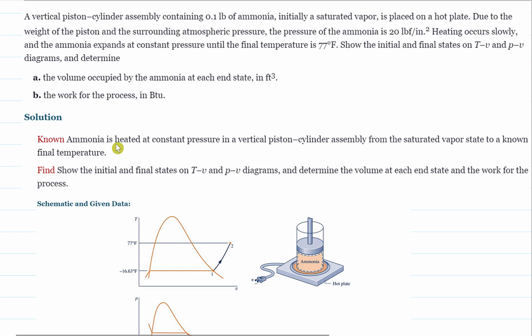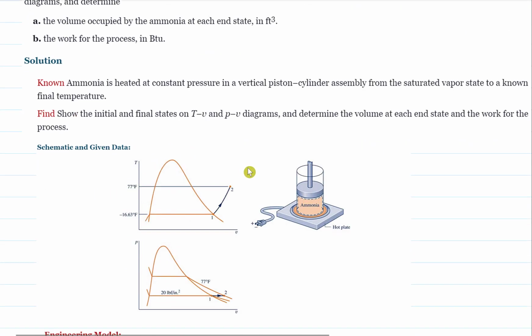So what is known? Ammonia is heated at constant pressure in a vertical piston cylinder assembly. The initial state is saturated vapor with a known final temperature. So let's see how we can plot the process on T-v and P-v diagrams. Initially it was at the saturated vapor state, so the state should be on the saturated vapor line.